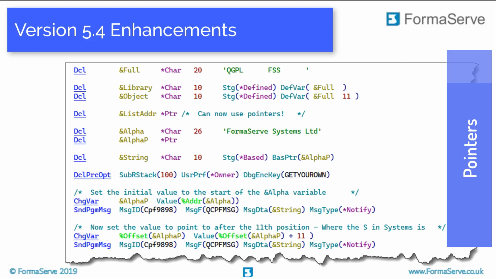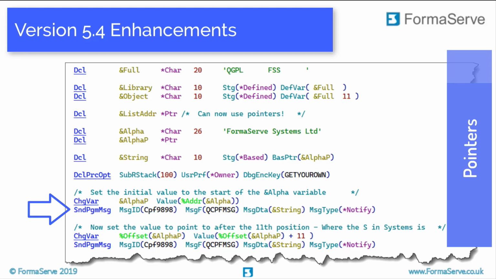So now we've defined our variables, how do we use them? In the first line here, we can see we're changing the variable alpha P to what's in the address, percentage ADDR, or you can type it out in full if you want to, percentage address, what we've got in ampersand alpha. Underneath it, moving on to the next line, we've got send program message.